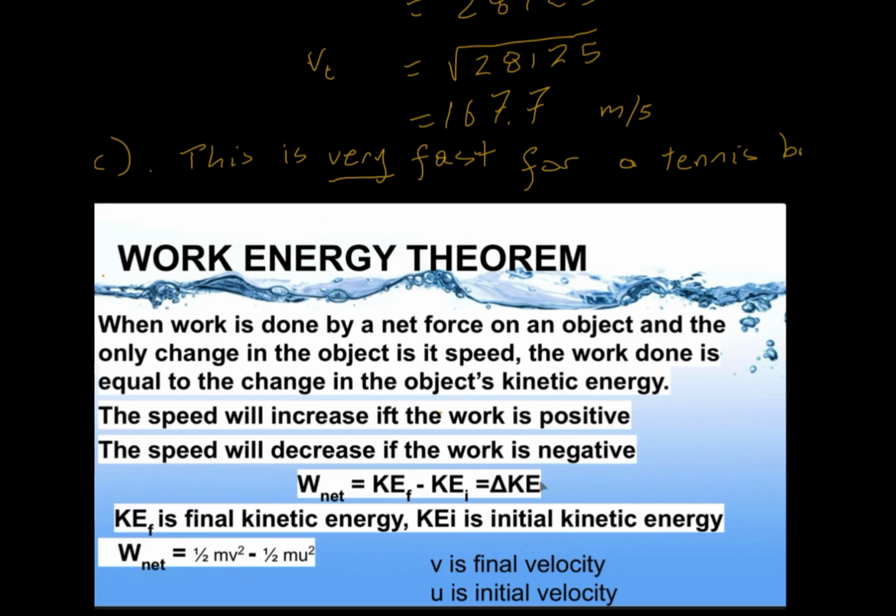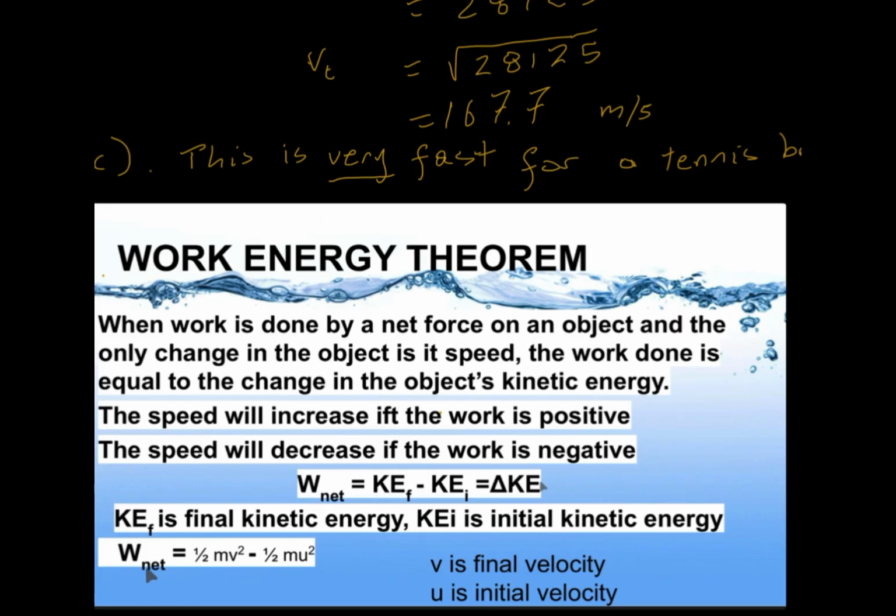The speed will increase if the work is positive, and it will decrease if the work is negative. The formula here is W net is equal to KE F minus KE sub I, and that is your change in kinetic energy, where KE sub F is the final kinetic energy, and KE sub I is the initial kinetic energy.